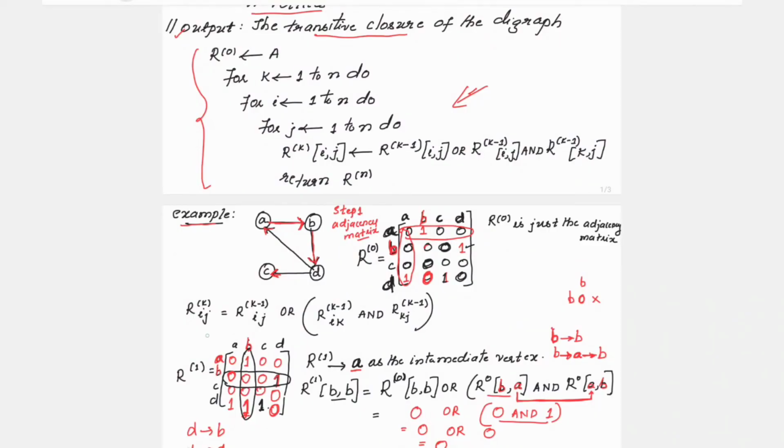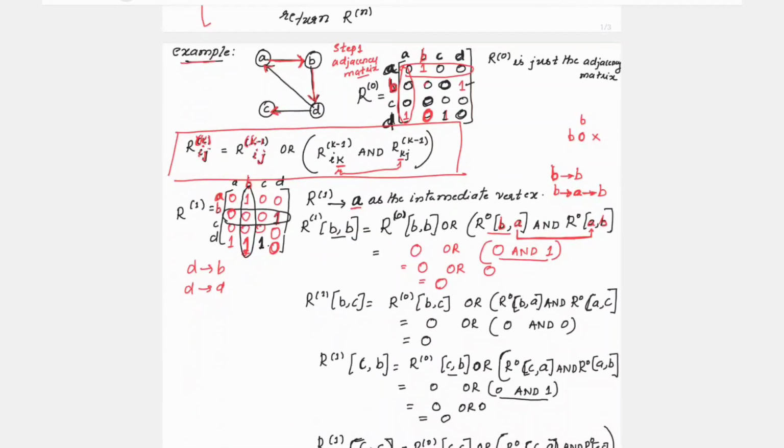If you observe the formula which I wrote initially in the problem statement, RK, K denotes your current matrix, and K minus 1 denotes the previous matrix. I comma J is for that particular row and column element. For that particular row and column IJ, you are introducing the intermediate vertex, and K here is your intermediate vertex. This way you computed every time.